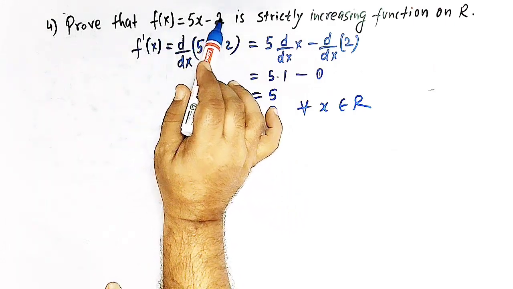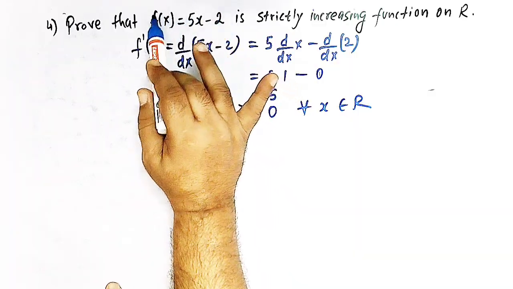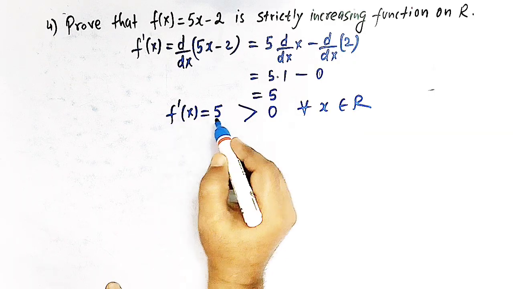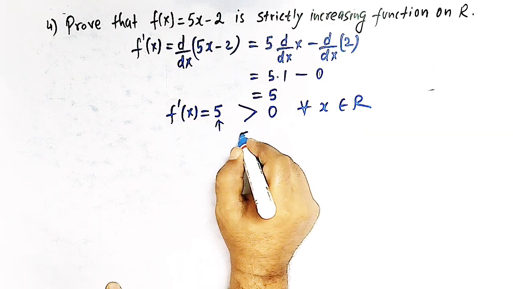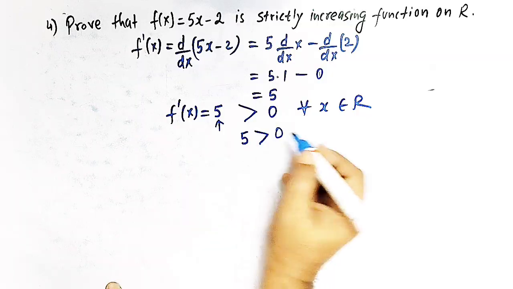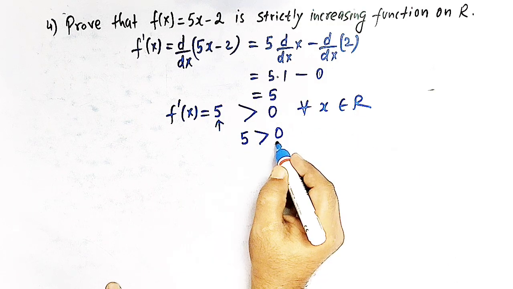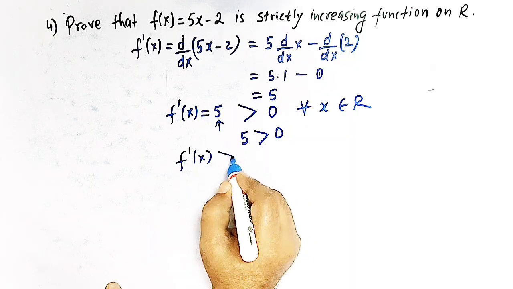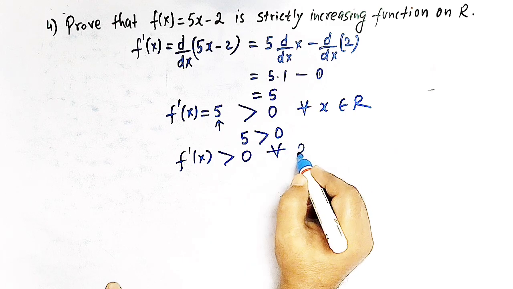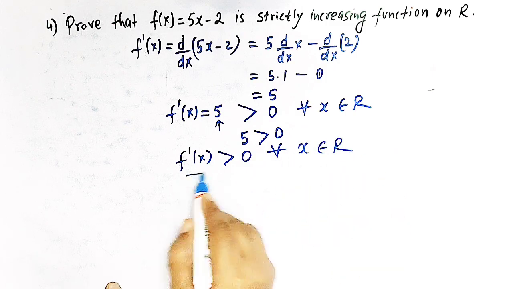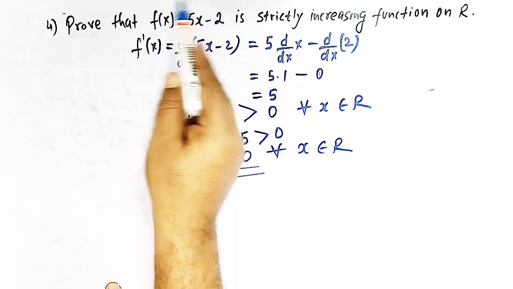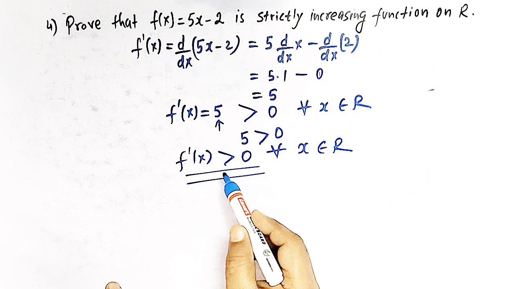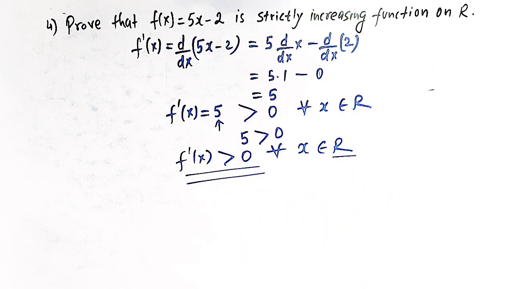And in the given function we can see that the domain of this function is the set of real numbers, and here the derivative is equal to 5, and 5 is always a positive quantity, that is, it is greater than 0. So our derivative f prime of x is also greater than 0 for all x belonging to R. So this shows that this function is a strictly increasing function on the set of real numbers.